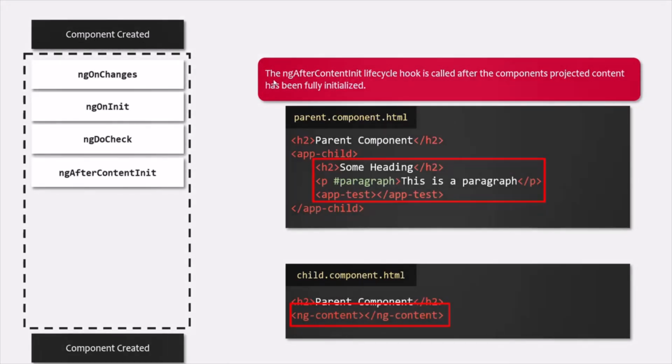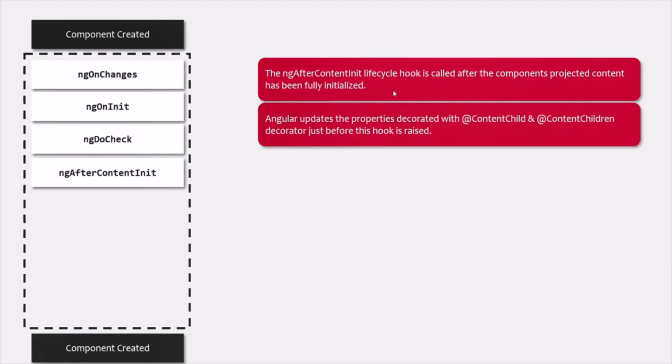So I hope this point is clear now. So basically the ngAfterContentInit lifecycle hook gets called after the component's projected content has been fully initialized. And even if we don't have any projected content, the ngAfterContentInit lifecycle hook still gets called. Now, Angular updates the properties decorated with the @ContentChild and @ContentChildren decorators just before this ngAfterContentInit lifecycle hook.